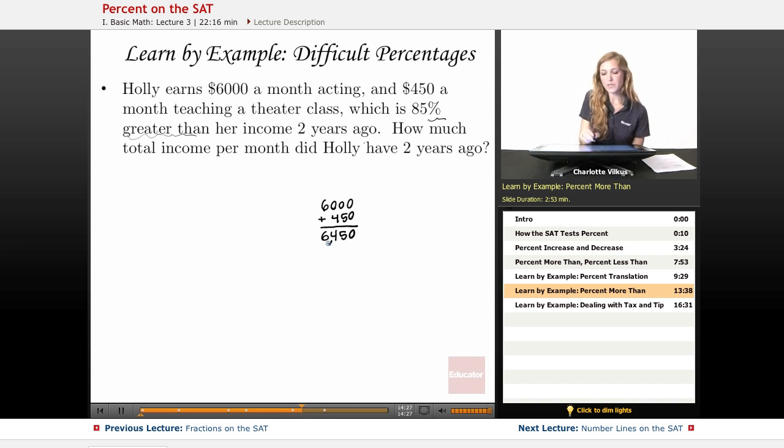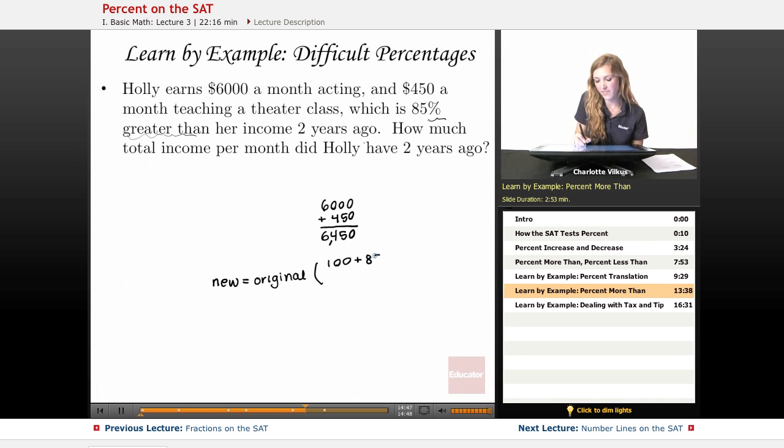$6,450. And because we had a percent greater than problem, we want to go ahead and write down our equation for that. So we have then that the new amount is going to be equal to the original amount times 100 plus the percent greater than.